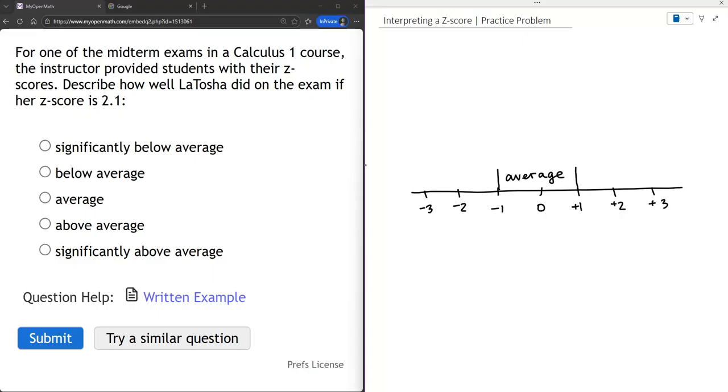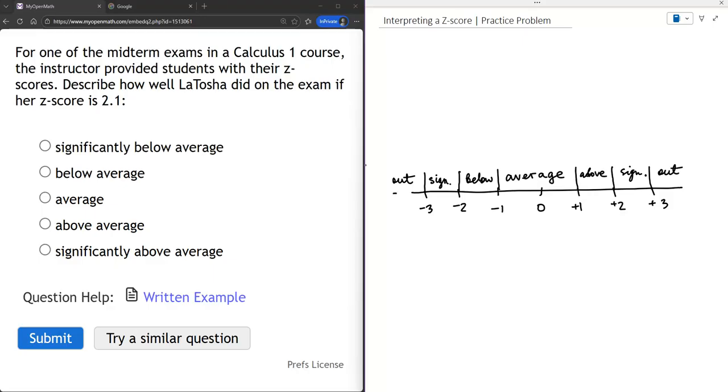to 1. Anything falling into this interval will be considered below average, and anything falling into this interval will be considered above average. Anything falling into this interval will be considered significantly below average, and anything falling into this interval will be considered significantly above average, with these being outliers.